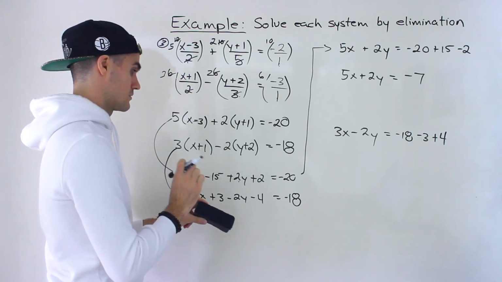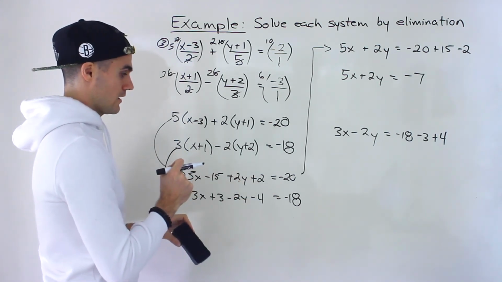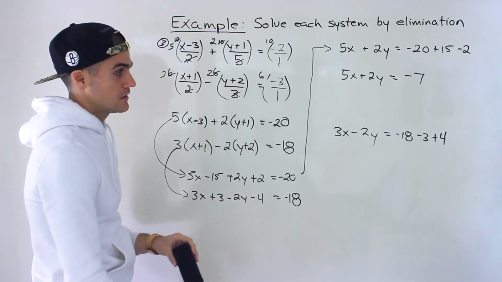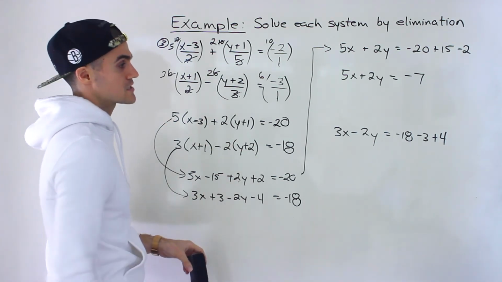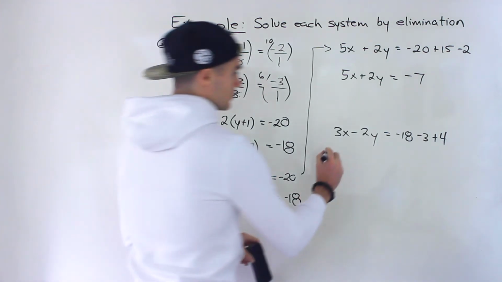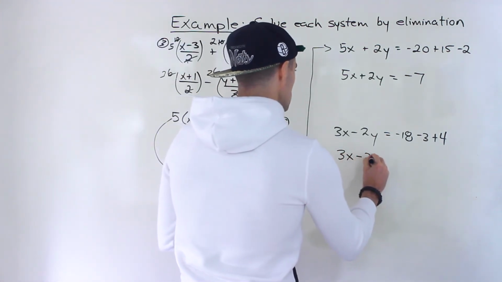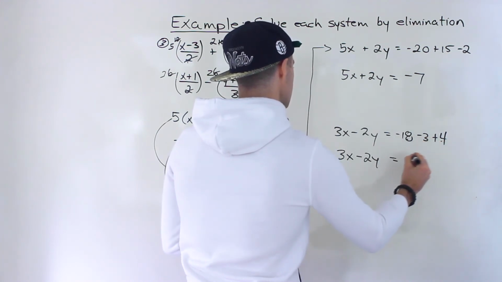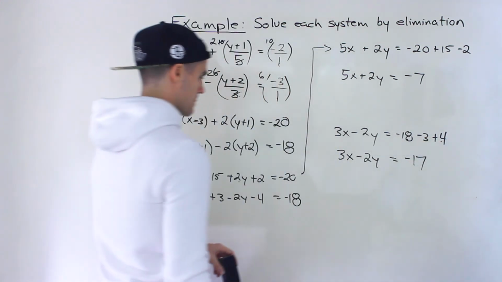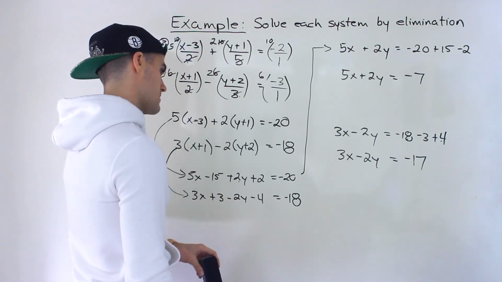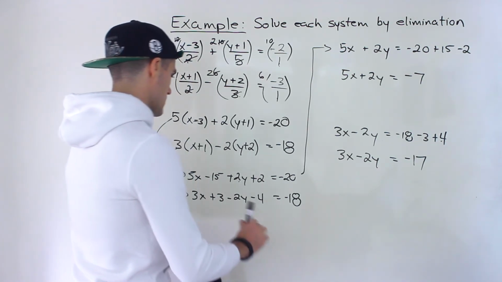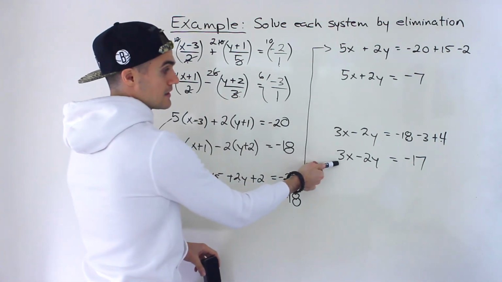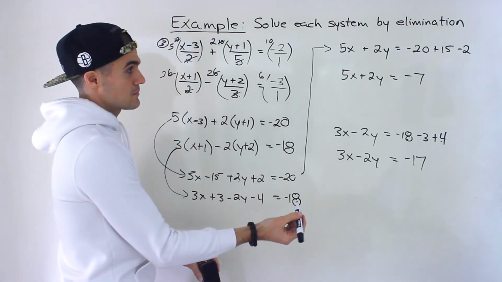Very diligent. Check your steps each way. Checking steps, even though it takes a little bit of time, it does save time in the end, always. It's always a good investment to do. So 3x minus 2y, negative 21 plus 4 would give us negative 17, right?